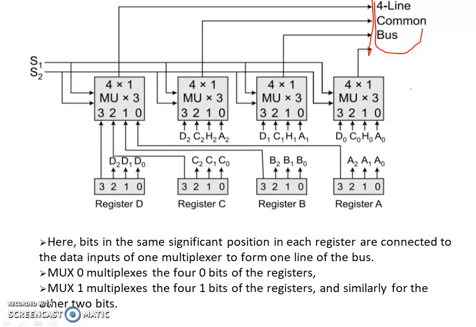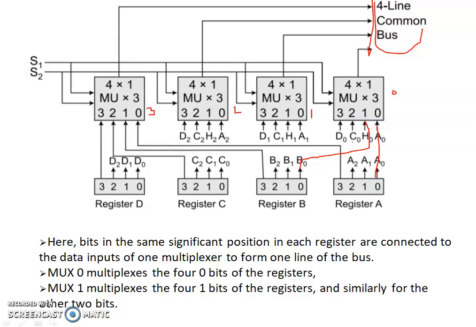And how the multiplexers are arranged with the registers is like this: these are the multiplexers 0, 1, 2, 3, and they are arranged in such a way that the 0 bit of register A will be connected to multiplexer 0, and the 0 bit of register B will be connected to multiplexer 0, that is the one here.